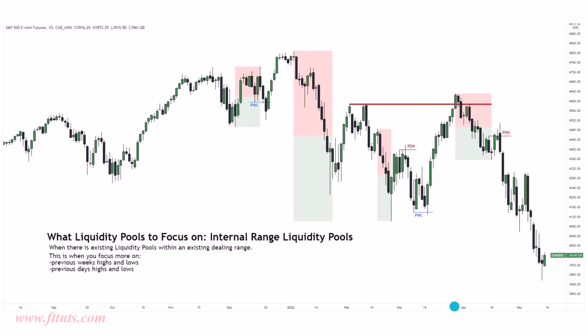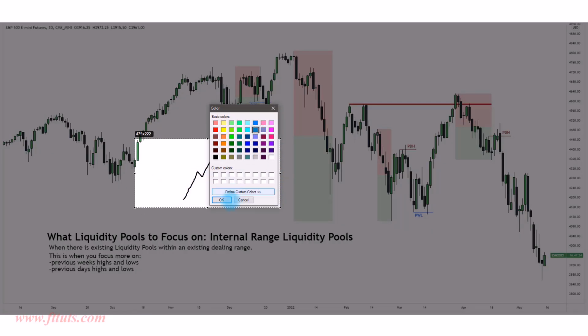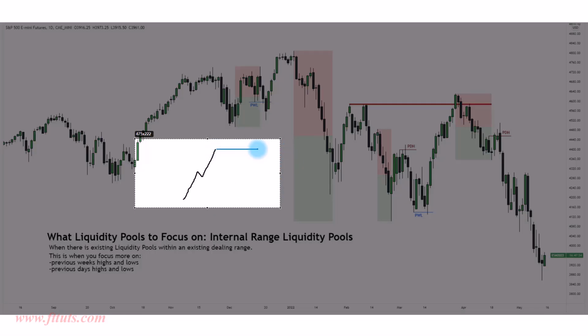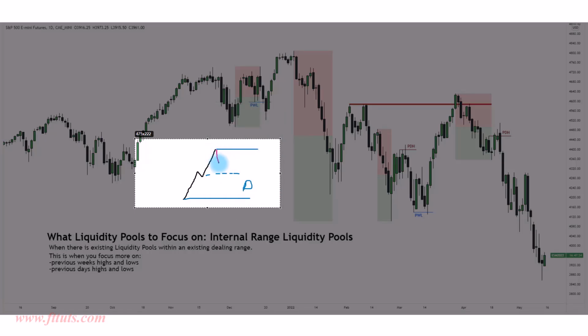You can also use liquidity pools when focusing on internal range liquidity. Okay, so internal range liquidity is when price has a trading range like this, and we're seeking a discount market, for instance. This is when price seeks internal range liquidity rather than external range liquidity.